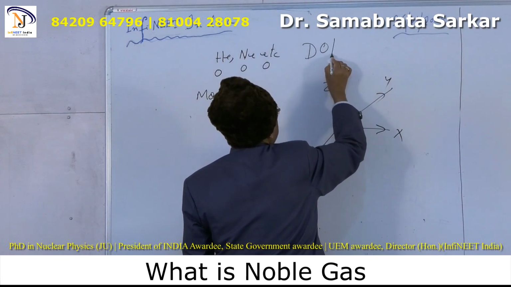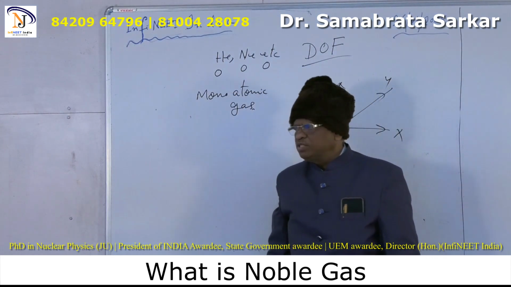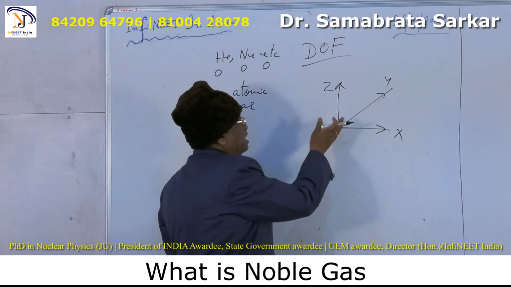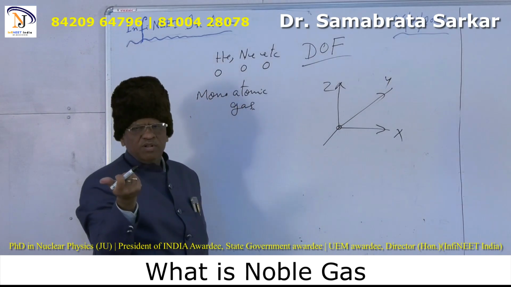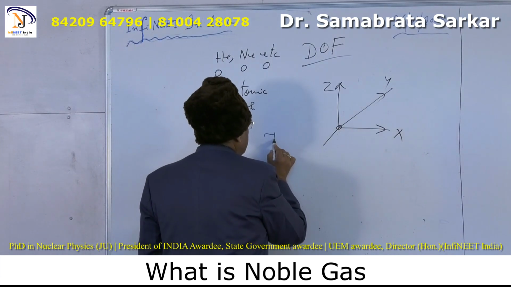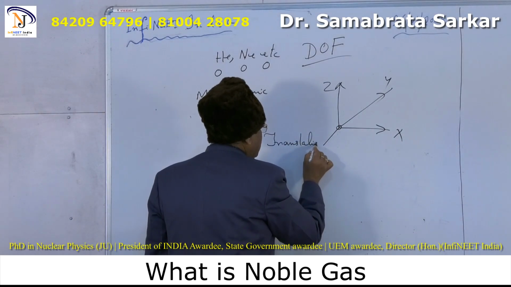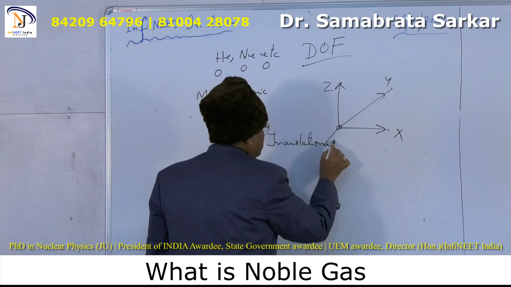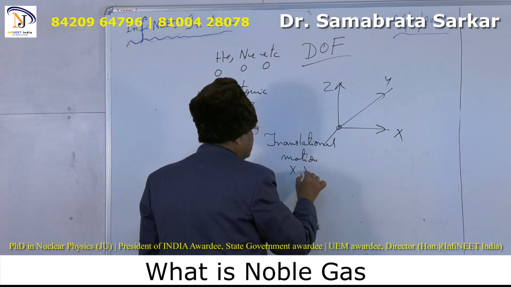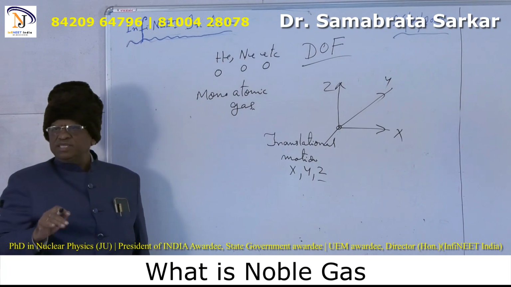Now I am going to teach you degrees of freedom, the directions along which you can move freely. You see here there are three directions, one molecule, and translational motion along the x, y and z directions.